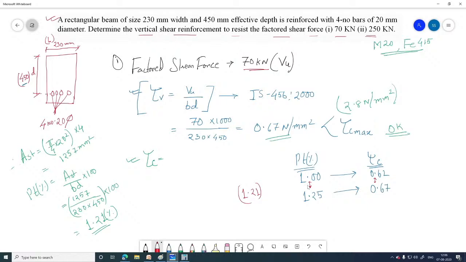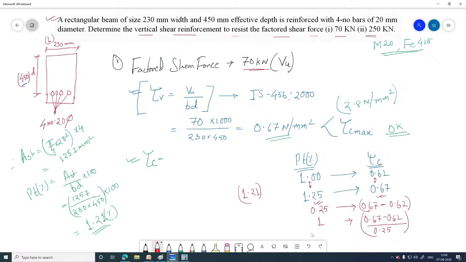How? Look, here the difference in percentage of steel is 0.25. So for this much difference in percentage of steel, what will be the difference here? That is 0.67 minus 0.62. So I am considering the unitary method. For this much difference in percentage of steel, here the difference is 0.67 minus 0.62. So for 1, what will be the value? That is 0.67 minus 0.62 by 0.25.